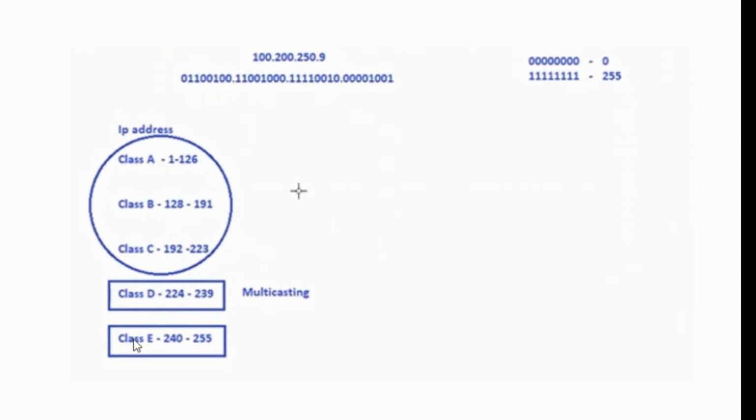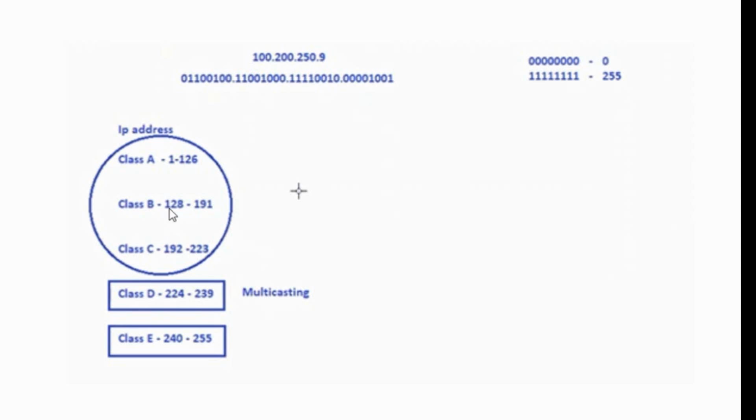And class E is for research, scientific work, and more in-depth topics that go into the government side. It's more broad, so we don't have to use D or E at all. We only use class A to class C, which are the IP address classes.